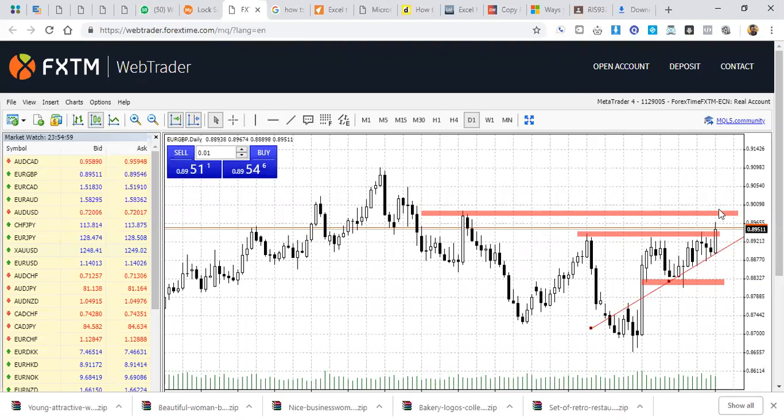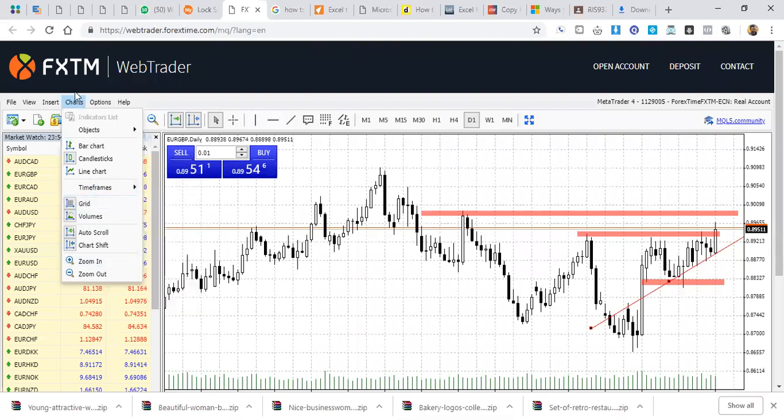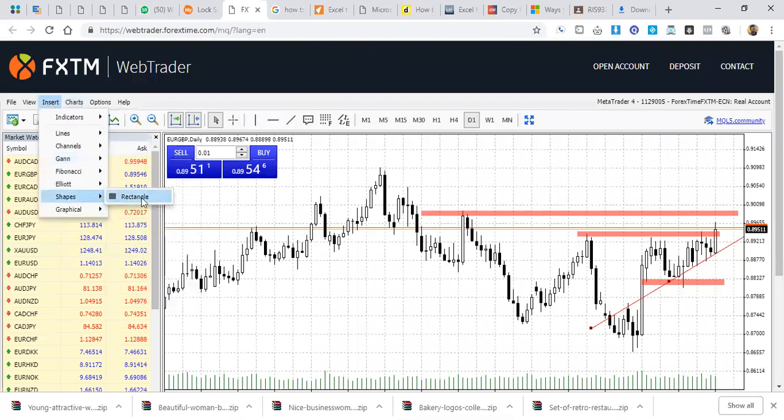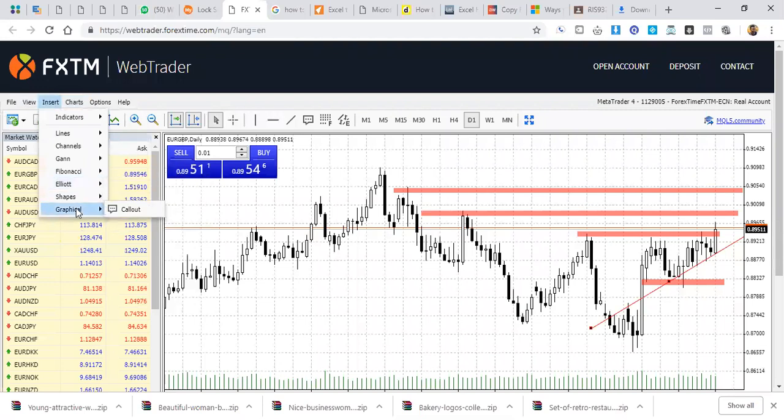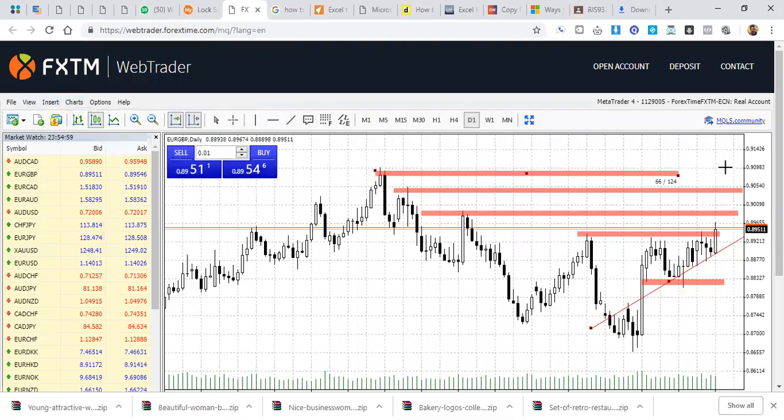If it breaks this level again, this will be our first take profit, and then our next take profit will be, of course, on this level right here. And then another one will be above here.